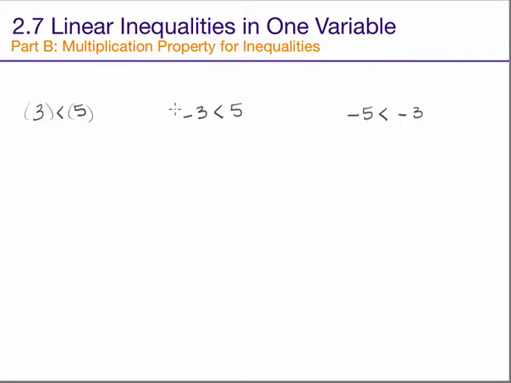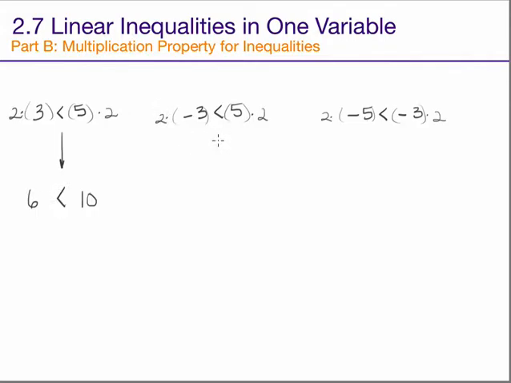If I multiply both sides of all three of these inequalities by 2, then this is what happens. For my first inequality, the left-hand side becomes 2 times 3 is 6, and on the right-hand side, 5 times 2 is 10. 6 is still smaller than 10.